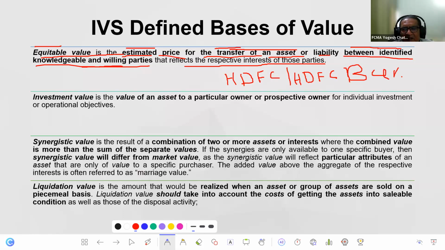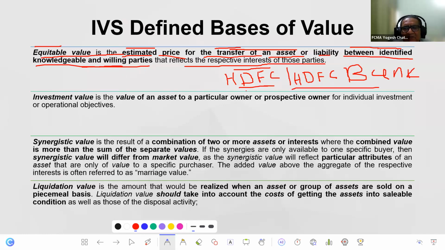In other words, HDFC Bank has acquired the HDFC company. The settlement of the purchase consideration between the HDFC Bank and HDFC is through the share exchange ratio. What share exchange ratio is appropriate is determined by the registered valuer.